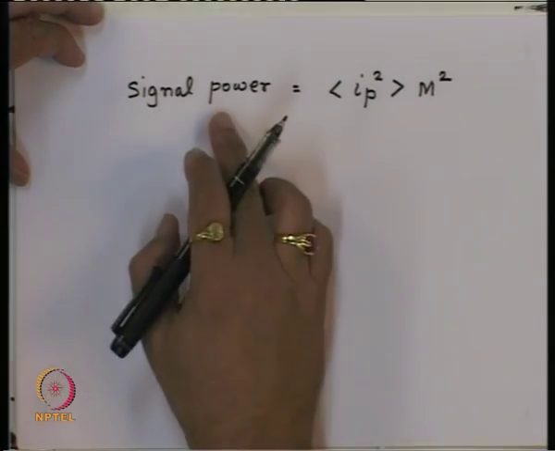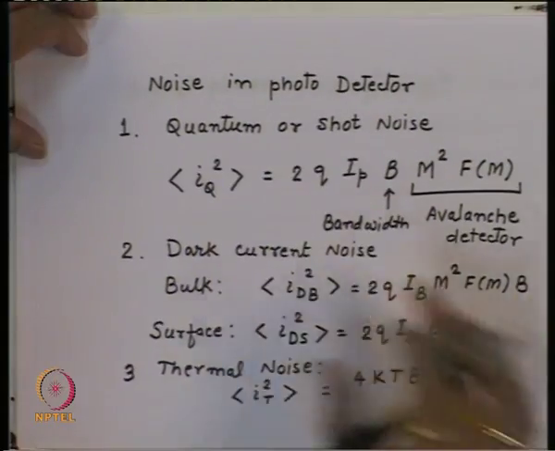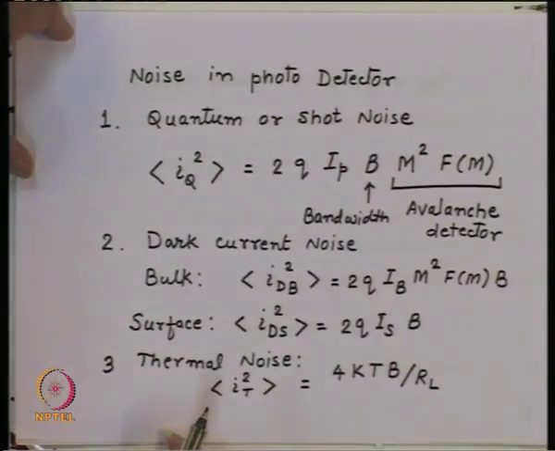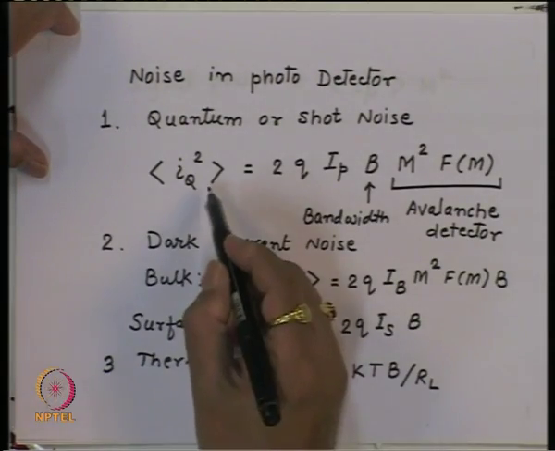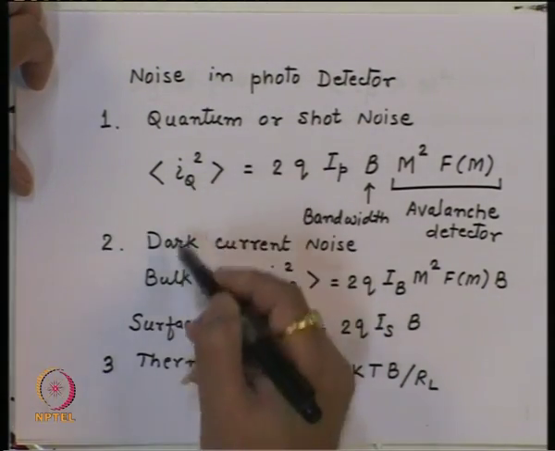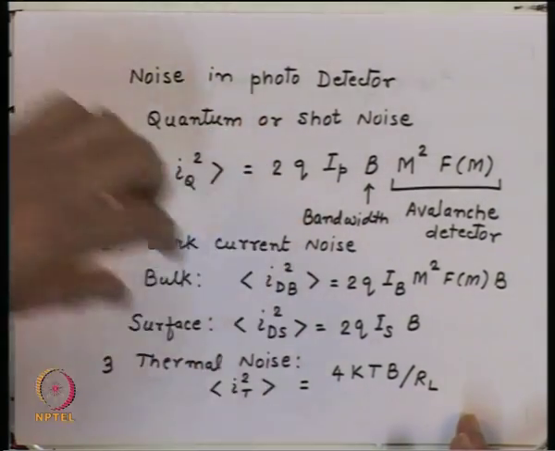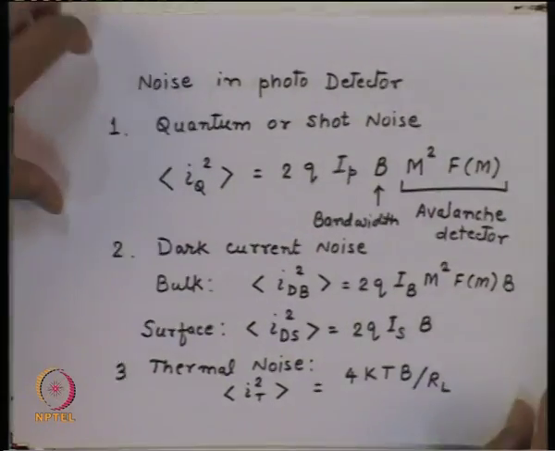And once you know the signal power and the total noise, since these noises are independent, the mean square value of the total noise is the sum of these mean square values. So, total noise will be this plus this plus this plus this, and this is the signal power.